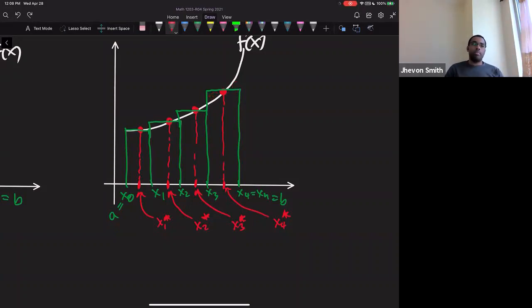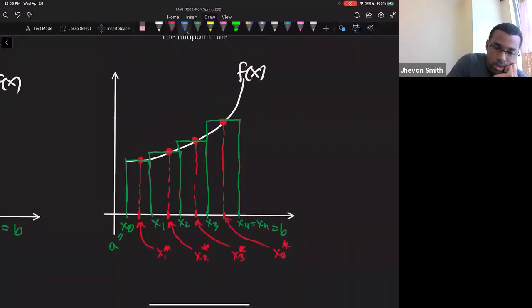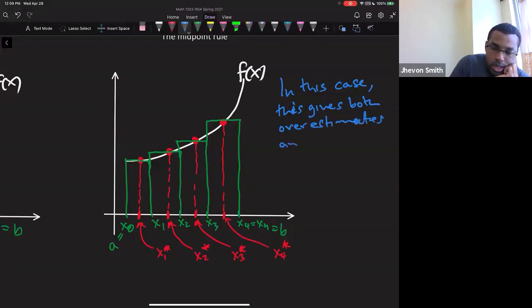That's a midpoint, right? So in this case, this gives both overestimates and underestimates.